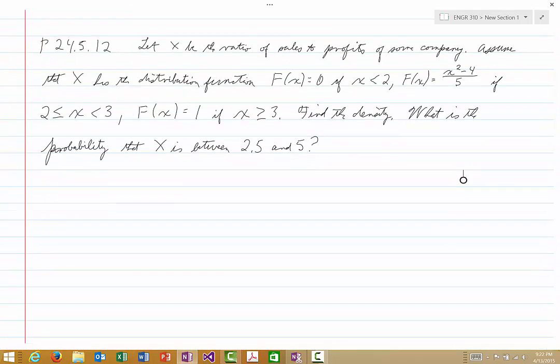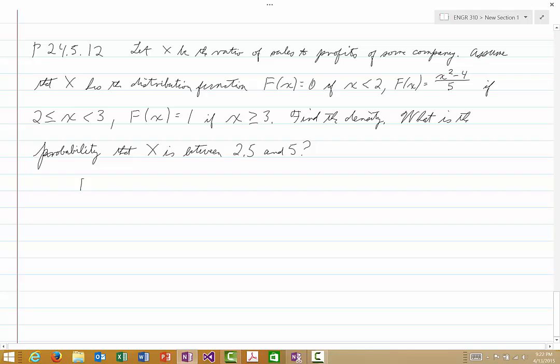Now recall that F of x is equal to the integral from negative infinity to x of little f of lambda d lambda. But this implies that little f of x is equal to the derivative of capital F with respect to x.